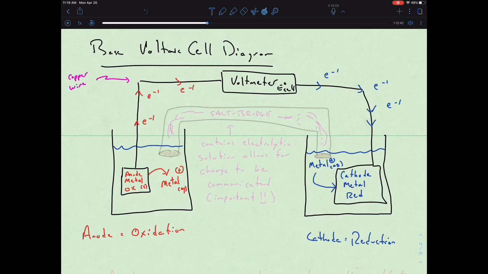But there's one missing component that we need, and that's what's known as a salt bridge. And with the salt bridge, this is just a way to actually communicate charge. It's not something that's open to the environment, so it's closed.